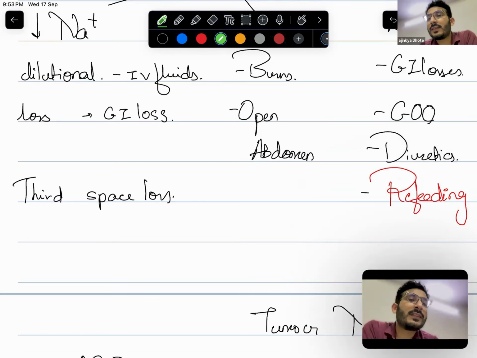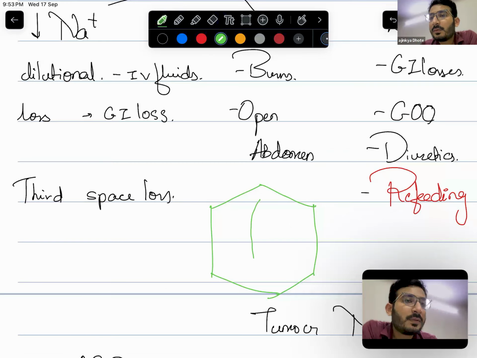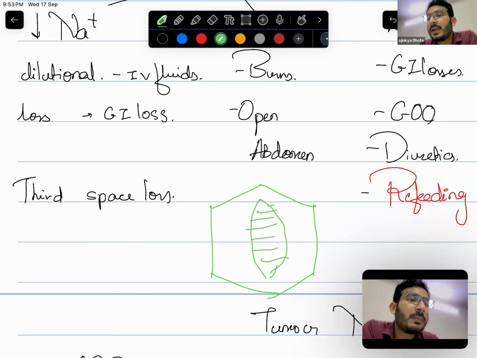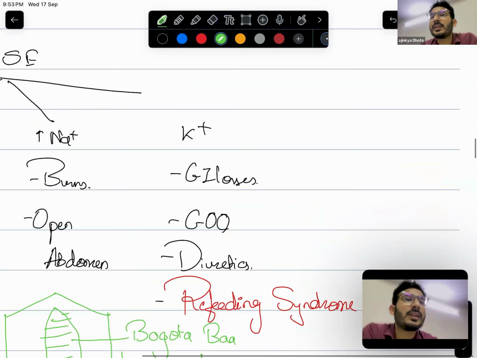Whenever a patient has a gross contamination, or you plan to take up the patient for a second surgery, and you already plan in the first surgery to keep the abdomen open, you cover it with a bag, usually known as a Bogota bag. This is known as a Bogota bag or a laparostomy. In these cases, loss of free water is more, and that can lead to your hypernatremia.